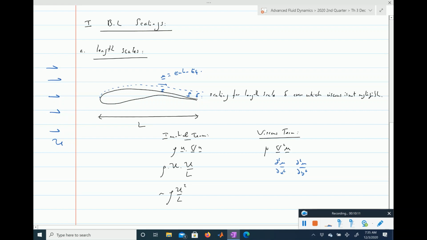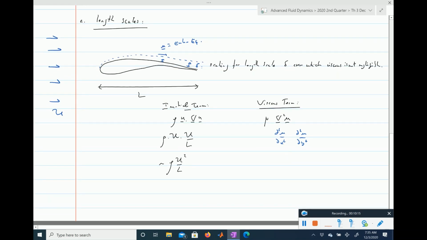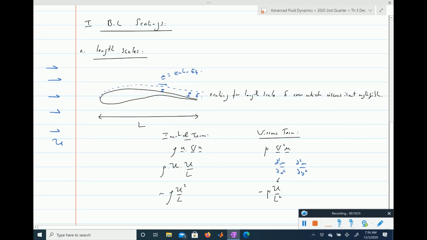But let me forget about this for a second, and we'll just compare the second partial of u with respect to x and to y. So the characteristic length scale along the x direction is capital L. So the first term will scale with mu times U, the velocity scale, divided by the length scale in the x direction, which is L, squared.